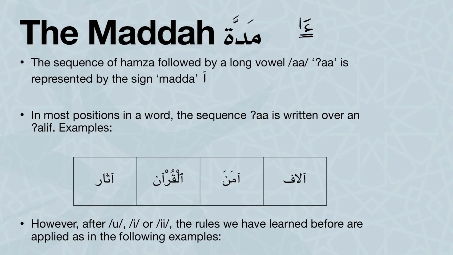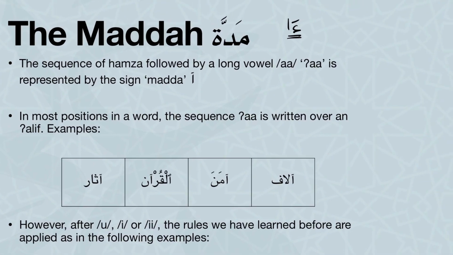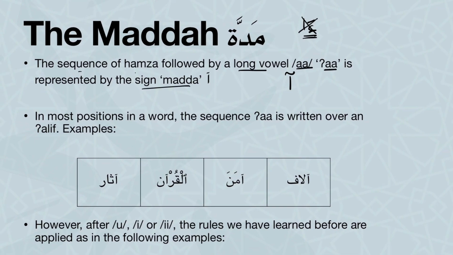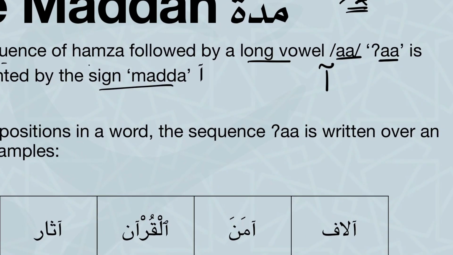We're going to remove this whole construct and just write an alif with a kind of stroke on top, a quotation stroke, I guess. And it says here the sequence of hamza followed by a long vowel alif or fatha is represented by the sign madda, which is the sign you see here.